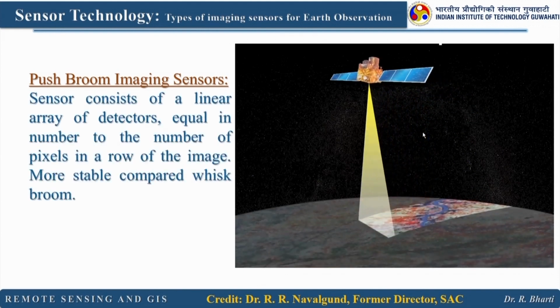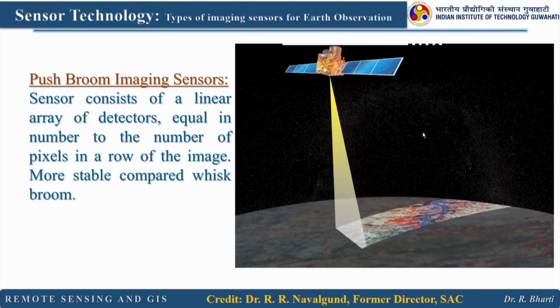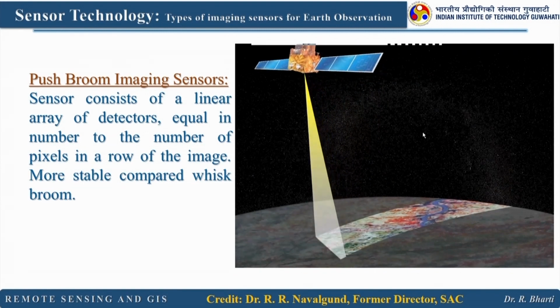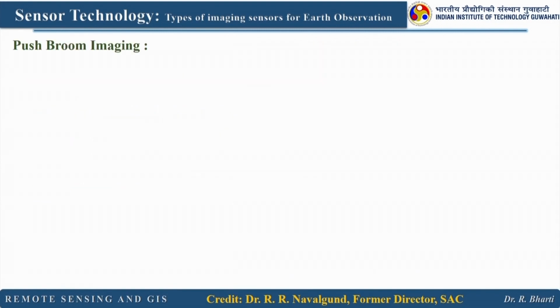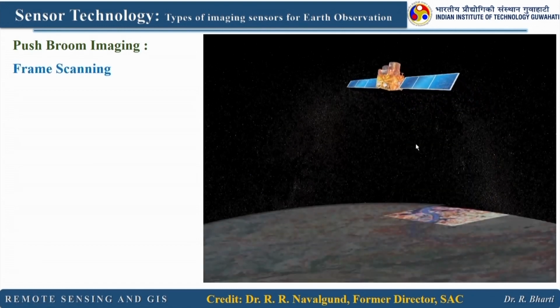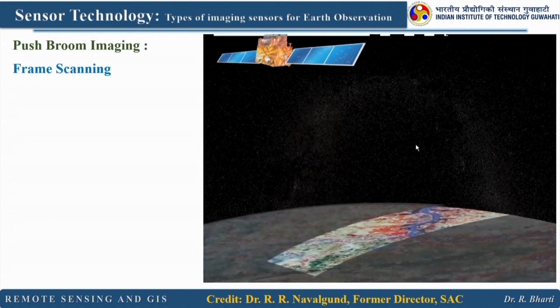The sensor consists of a linear array of detectors equal in number to the number of pixels in a row of the image, and is more stable compared to whisk broom. Now, in push broom you also have frame acquisition.